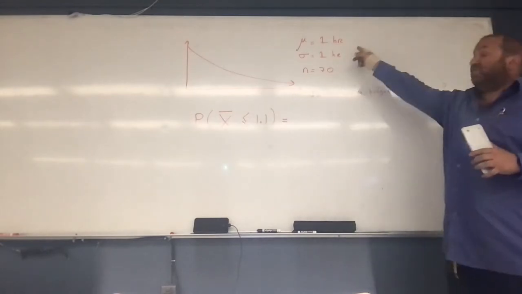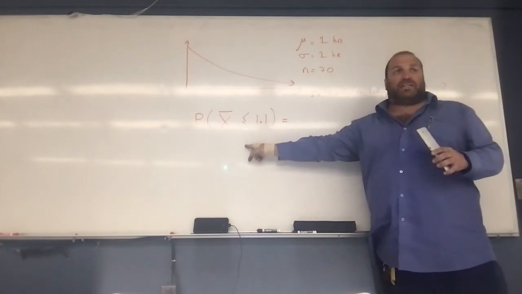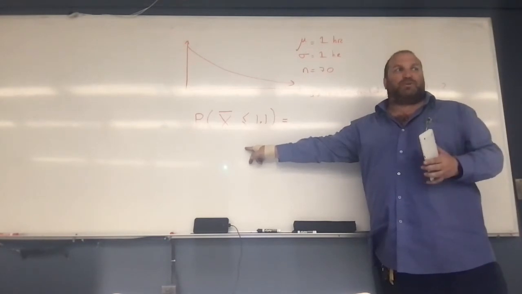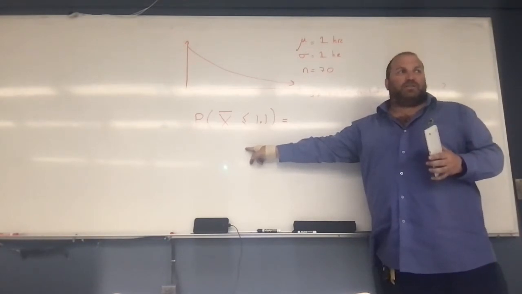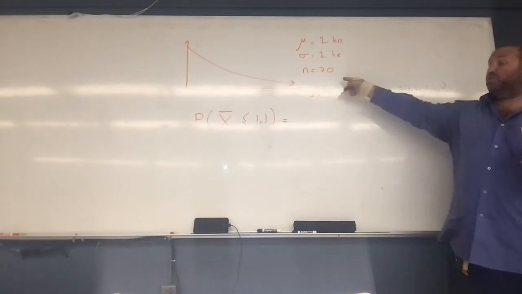The mean is the same mean as the original. But what is the sigma for x bar? Look at your notes. If you wrote it down, hopefully you did. What is the sigma for x bar? 1 over the square root of n.